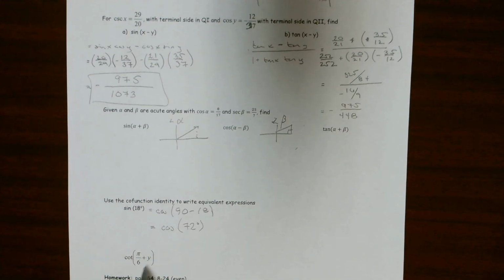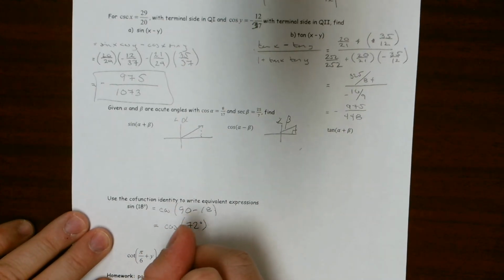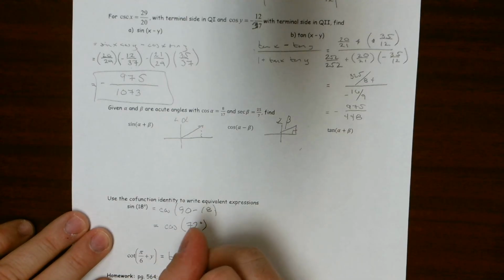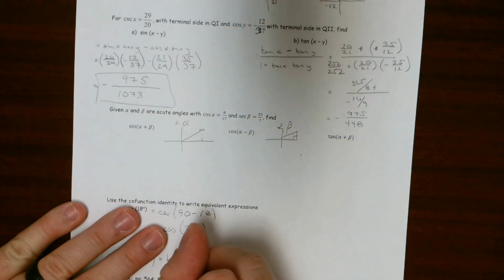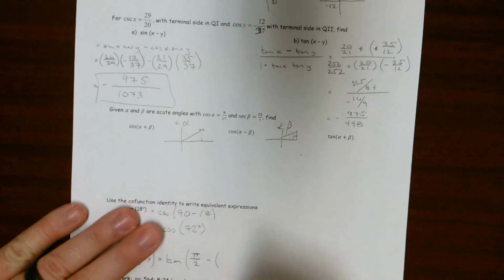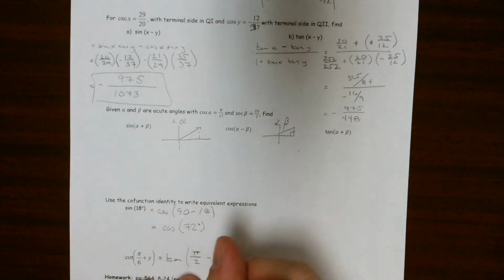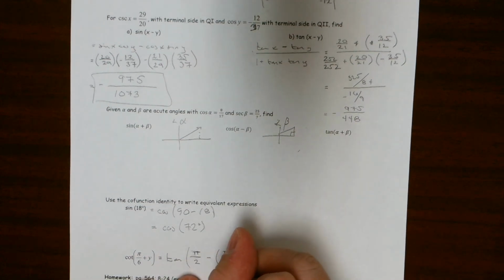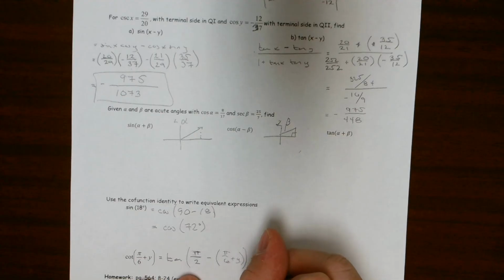Same thing here. The cotangent of some angle, this pi over 6 plus y, that's just some angle, is equal to the tangent of its complement. So the tangent of pi halves minus this angle, which is just pi over 6 plus y. We can go ahead and distribute that negative sign if you want.